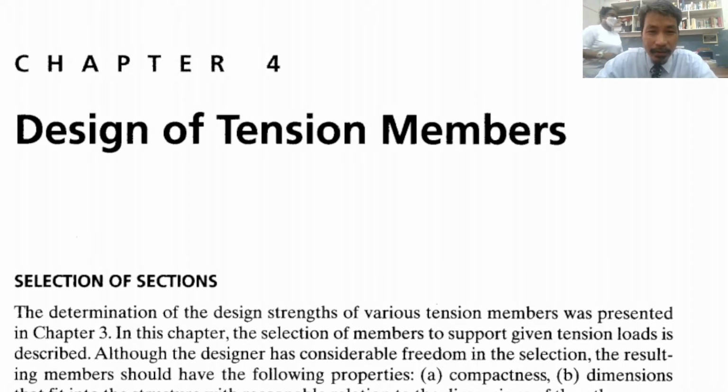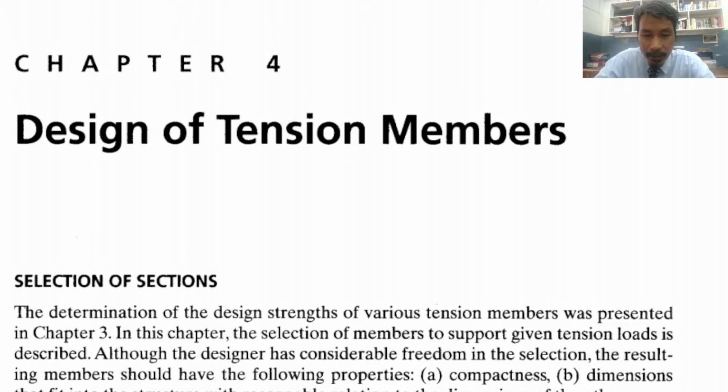Okay? So instead of finding out the capacity of the material, instead of finding out the design strength, instead of finding out the allowable strength, we are actually given those values. The problem will be given to us, particularly allowable strength.